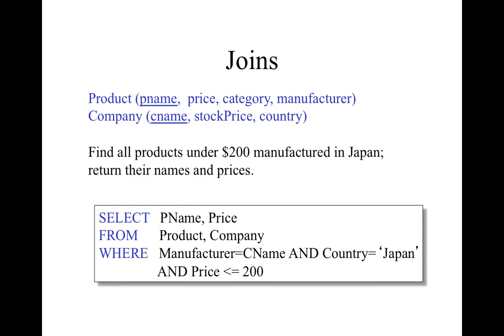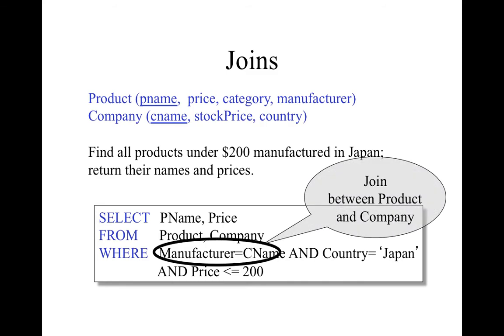When we talked about joins in previous lectures, we looked at how to best combine tables. If we're joining both the product and the company tables together, this will allow us to run queries such as finding all products under $200 manufactured in Japan, returning their names and prices. And you'll see that within the where statement, the manufacturer equals the company name.